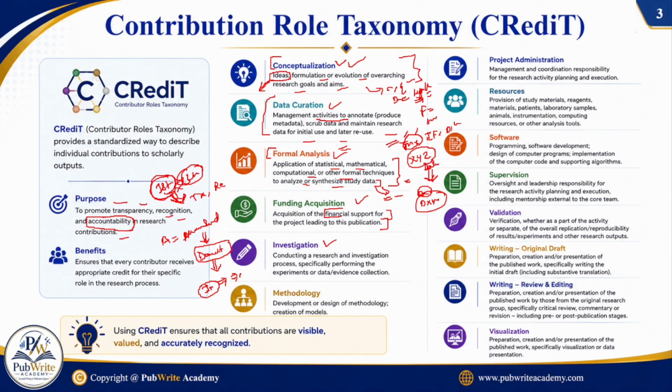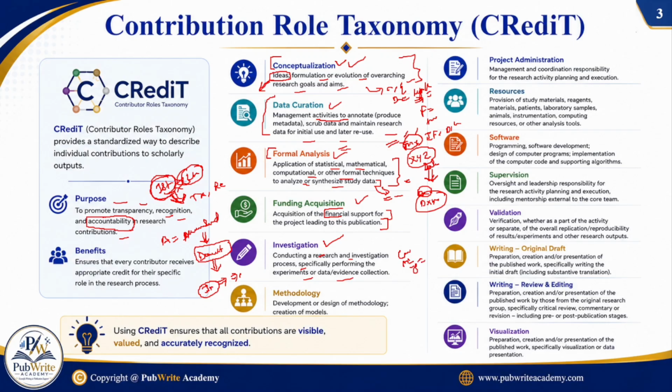Then come to the investigation. As you all know, investigation involves conducting the research and investigation process, specifically performing the experiment, as well as data and evidence collection. It also involves modifying or following the method to collect or generate data.